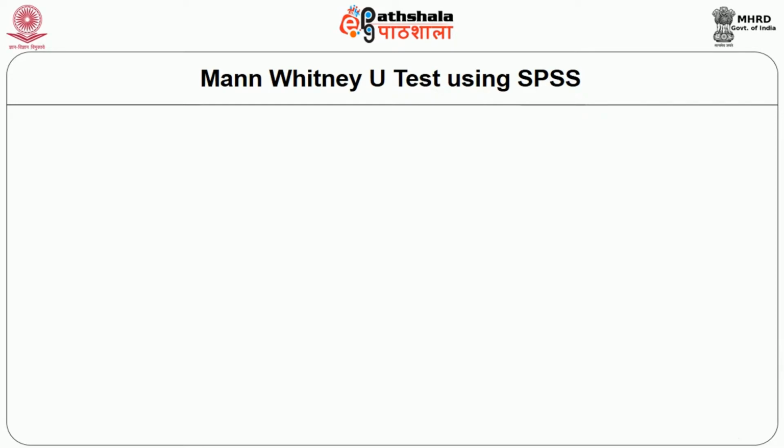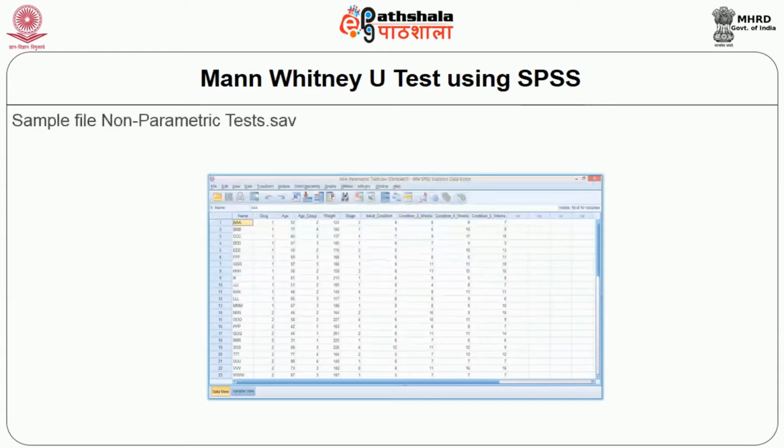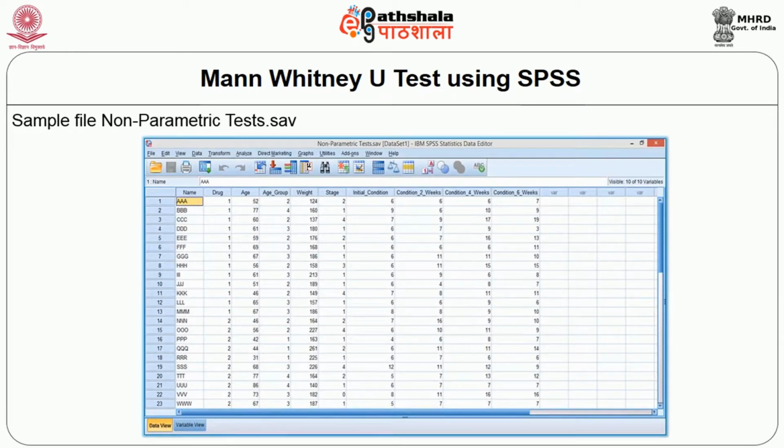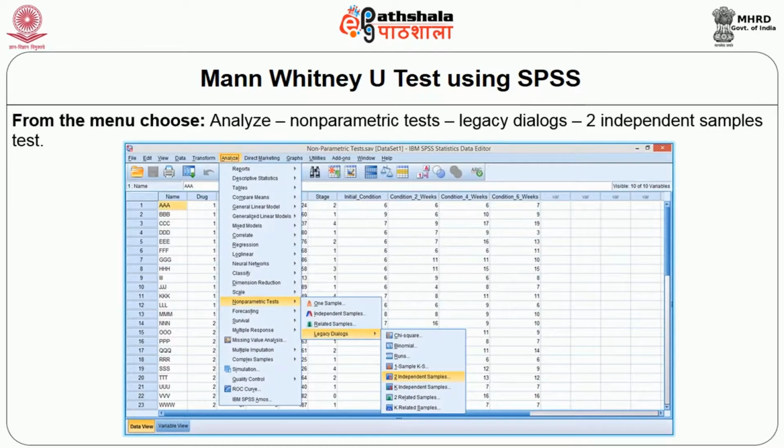Now let us move into using this test with SPSS practically. Let us use the sample file non-parametric test.sav, which includes the data as given above. From the menu, choose Analyze, go to Non-parametric Tests, Legacy Dialogs, 2 Independent Samples.